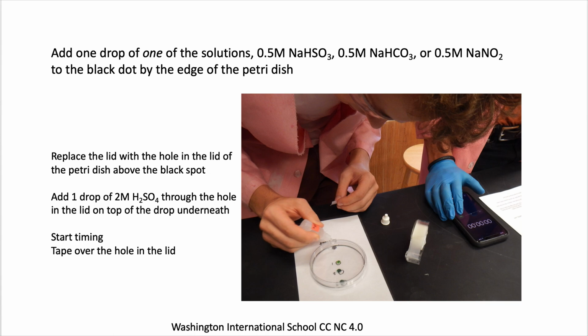Then replace the lid on top with the hole of the lid above the black spot, and through that hole add 1 drop of the 2 molar sulfuric acid, and then you will start timing and tape over the hole in the lid.